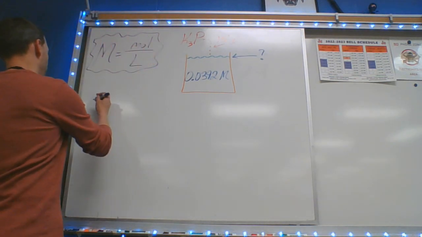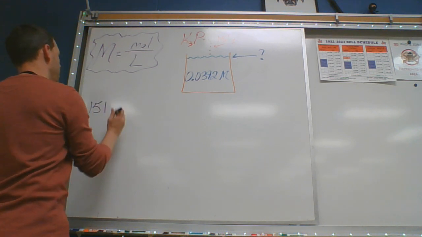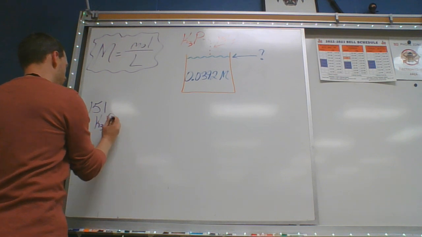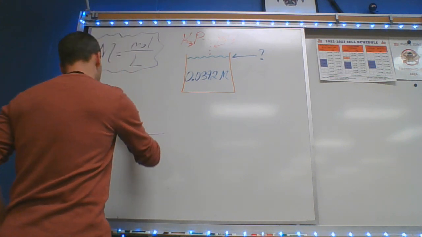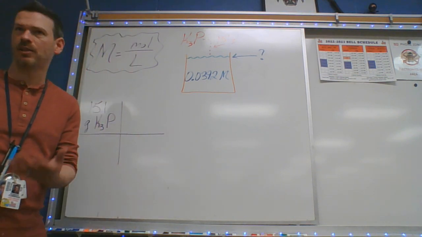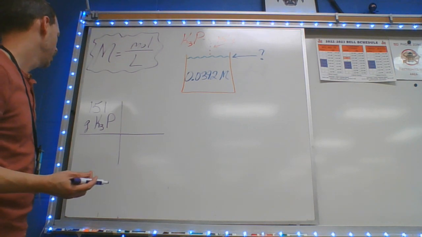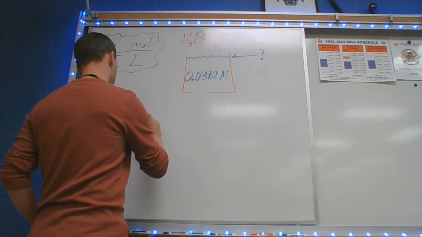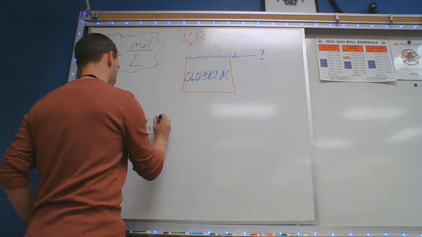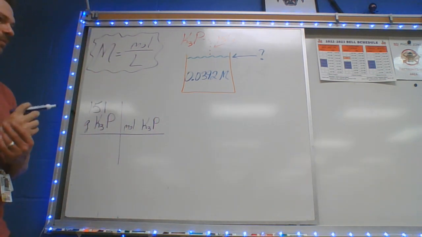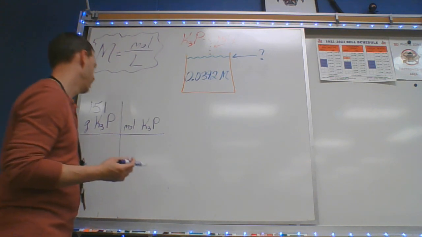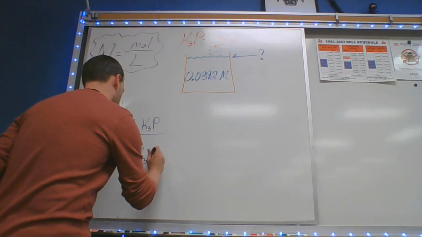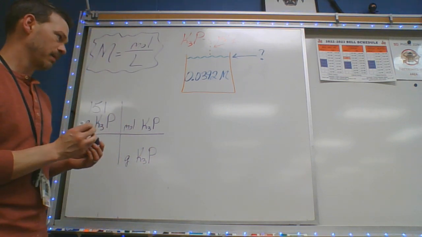But let's take the 151 grams of K3P and let's turn it into a unit that helps us solve molarity. Moles. All right, I'm going to drag my diagonal. Let's get some help now.